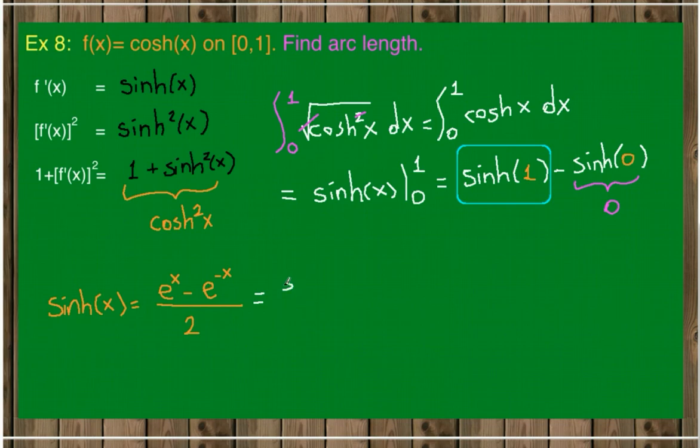So it's going to be e to the 1 minus e to the negative 1 divided by 2. And e to the 1 is e, minus 1 over e, divided by 2. Again, you can plug it in your calculator and find the decimal. It's going to be approximately 1.175.